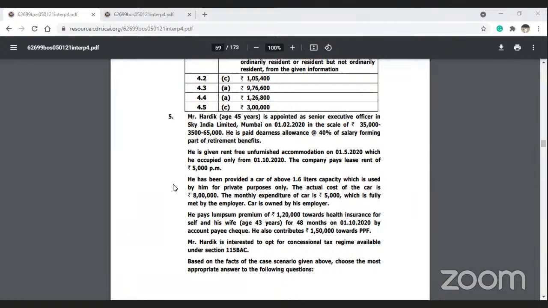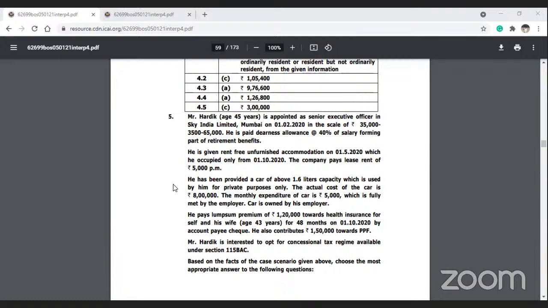Below, they have given the definition of relevant previous year, which is the previous year in which such lump sum amount is paid and the subsequent previous years during which the insurance would be in force.